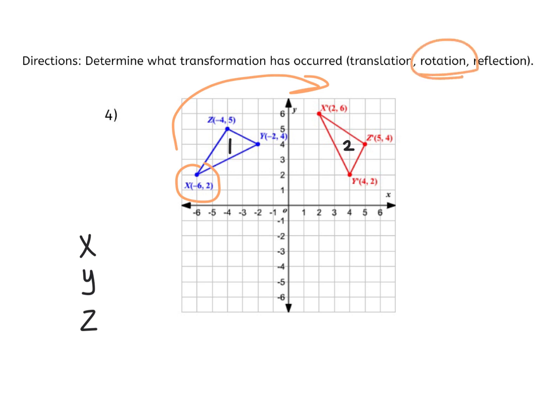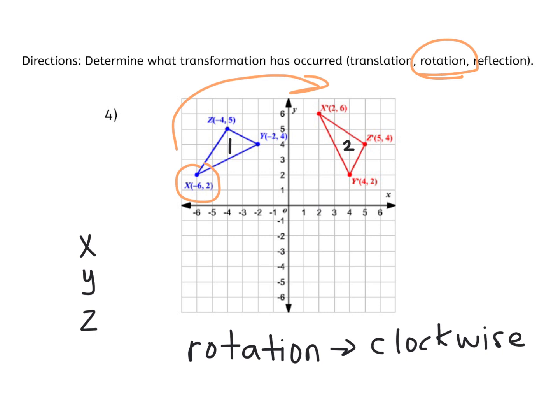And when something turns, it's either going clockwise or counterclockwise. Since this one is turning in the direction of the clock, we call this a rotation, and it is going clockwise. And if it moves just from one quadrant to the next, that's 90 degrees. Every quadrant or every turn is 90 degrees.